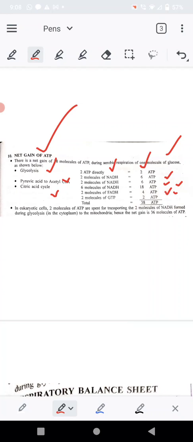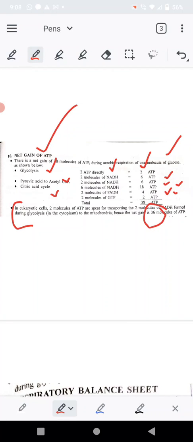Now, as we know, in the eukaryotic cells, 2 molecules of ATP are spent for transporting the 2 molecules of NADH that are formed during glycolysis in the cytoplasm to the mitochondria. So the net gain is 36 molecules. I am explaining this again: glycolysis occurs in the cytoplasm, and some energy is required to transfer these molecules into the mitochondria, and during this transfer 2 ATP molecules are used.